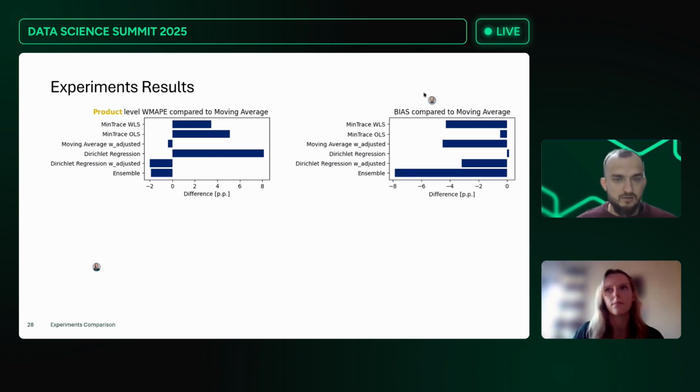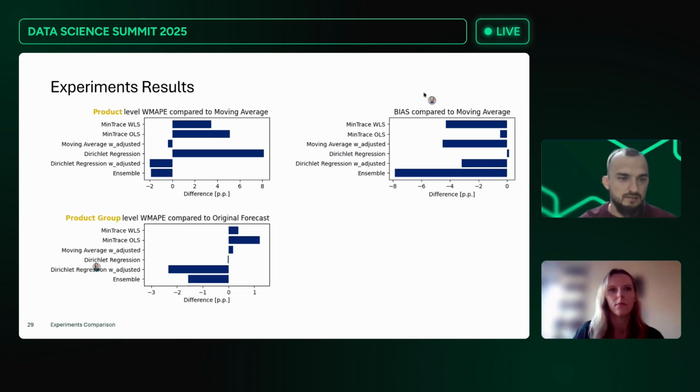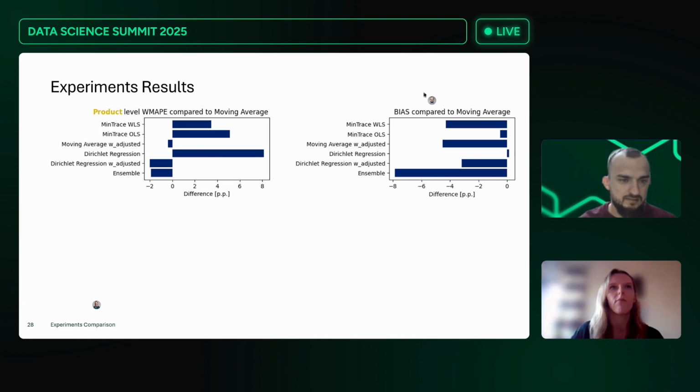And the lower we get, the better, basically. And for weighted MAPE on product level, we can see that adjustment methods give us improvement in terms of weighted MAPE.